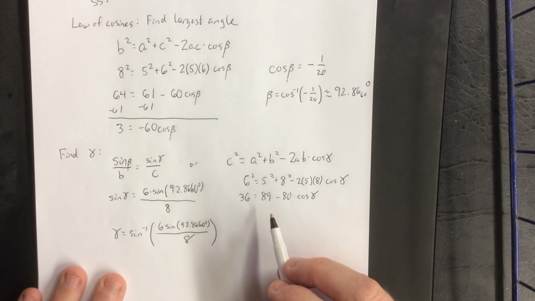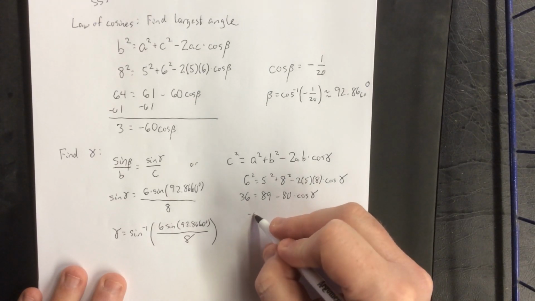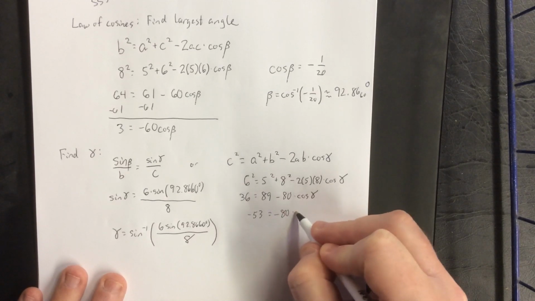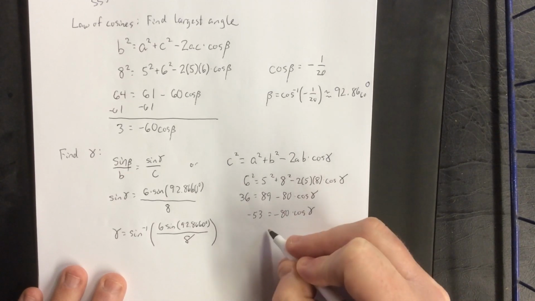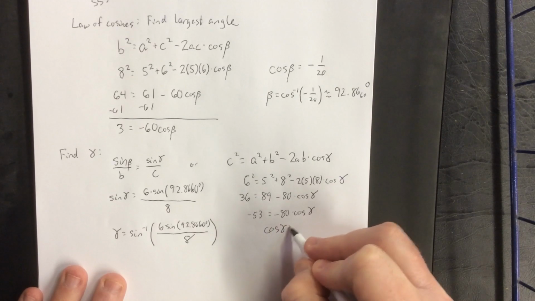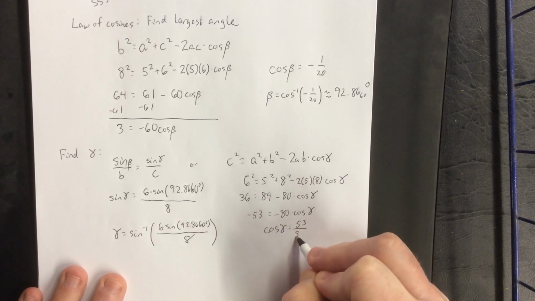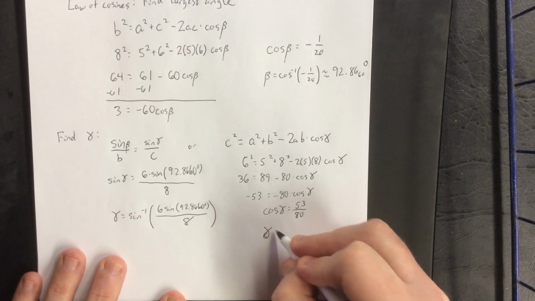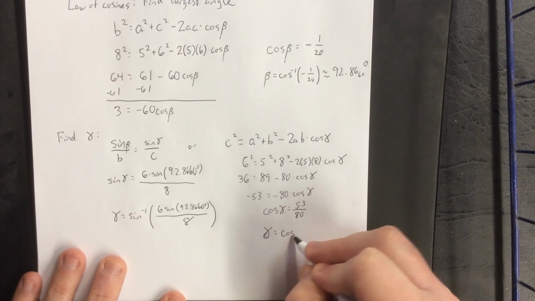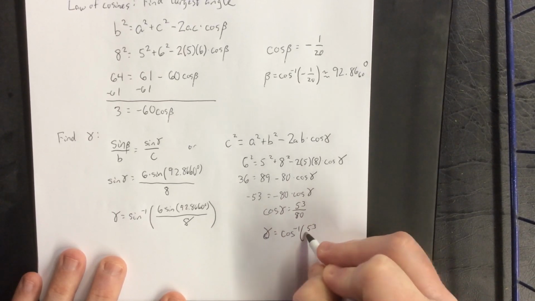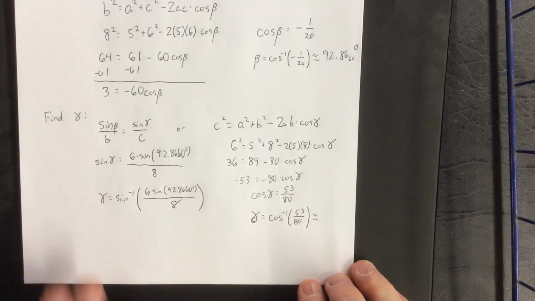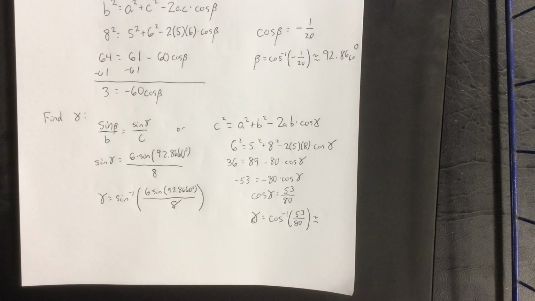Oh boy. Negative 53 is equal to negative 80 times the cosine of gamma. So cosine of gamma is going to be equal to 53 over 80. Applying an arc cosine to both sides will give us our result. So what I'm going to do is perform both of these calculations in the calculator, and we'll compare their results.